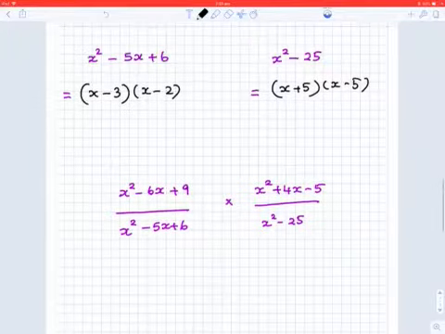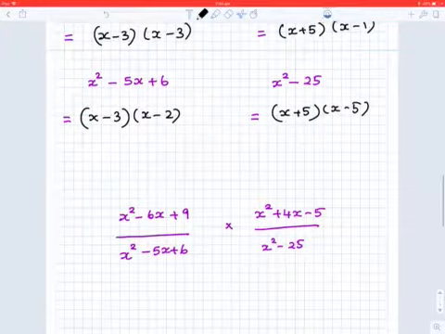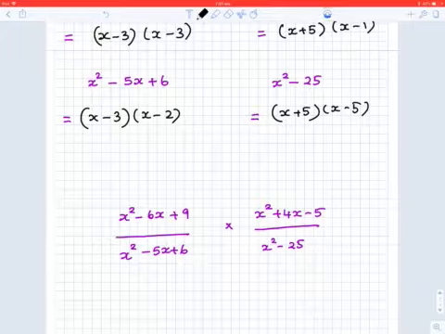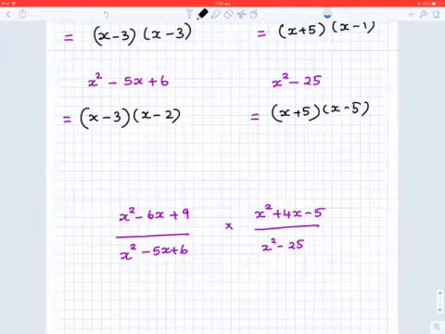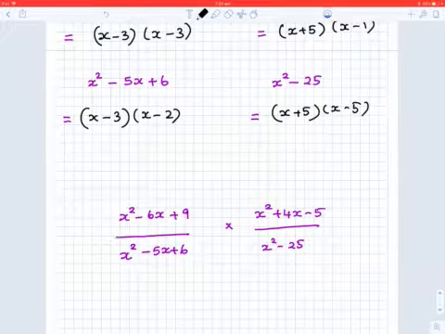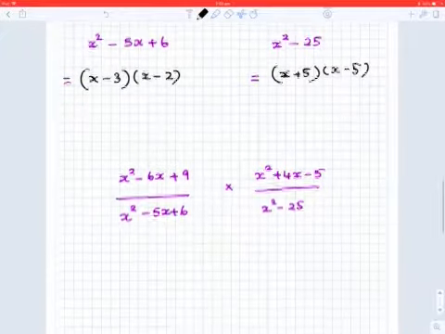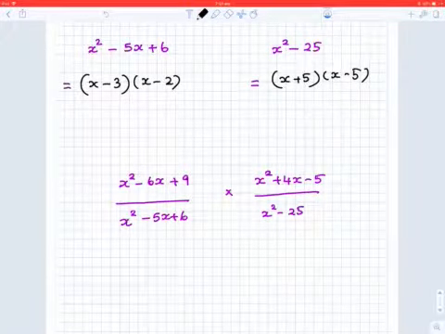Now I've rewritten the question. The question is: simplify x square minus 6x plus 9 divided by x square minus 5x plus 6, times x square plus 4x minus 5 divided by x square minus 25.